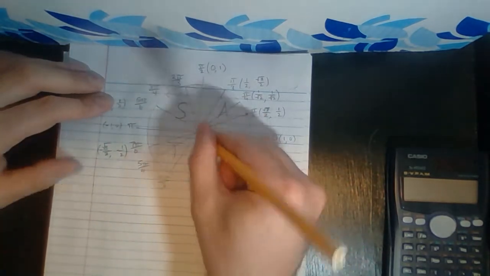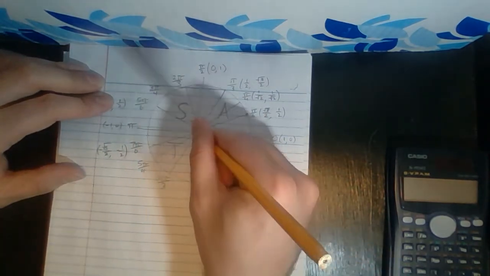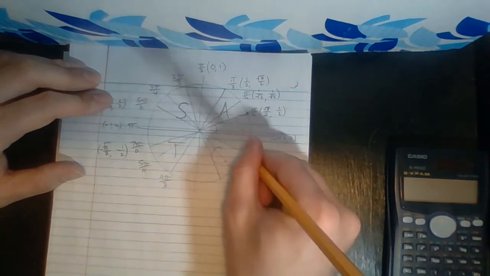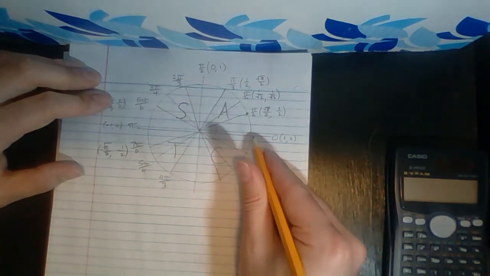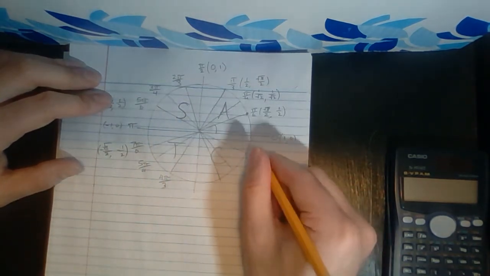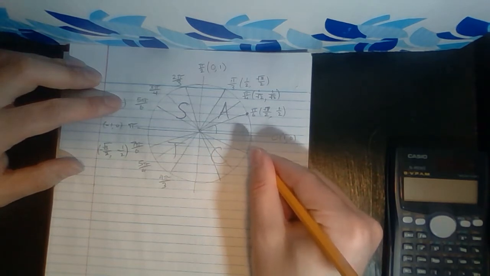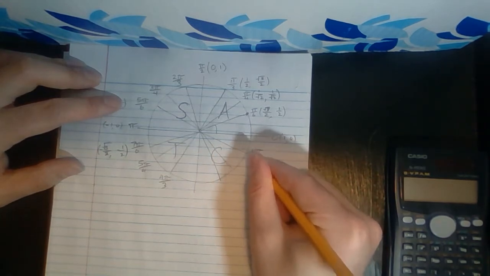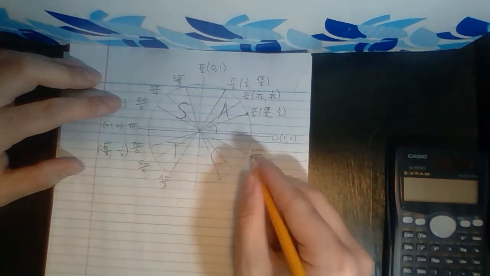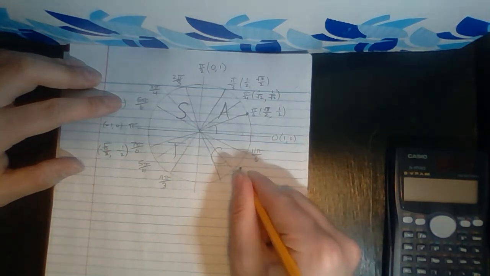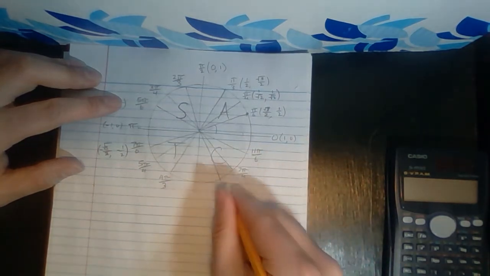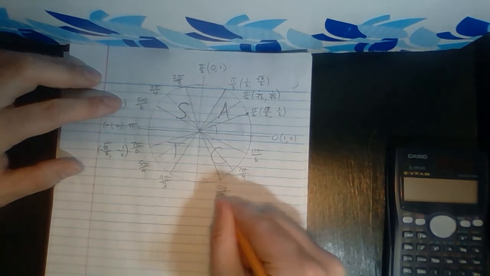And then our final quadrant is our cosine quadrant. We're now coming from 2 pi, so 2 pi minus pi over 6, we're going to be 11 pi over 6. 2 pi minus pi over 4, it's going to be 7 pi over 4, and 5 pi over 3.